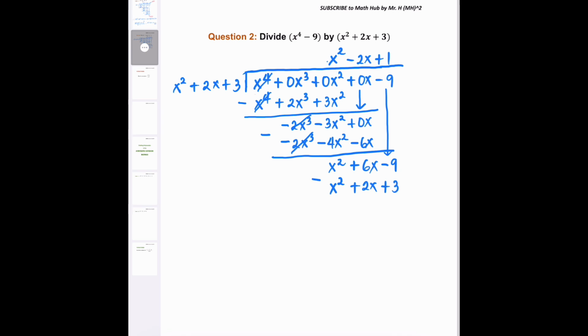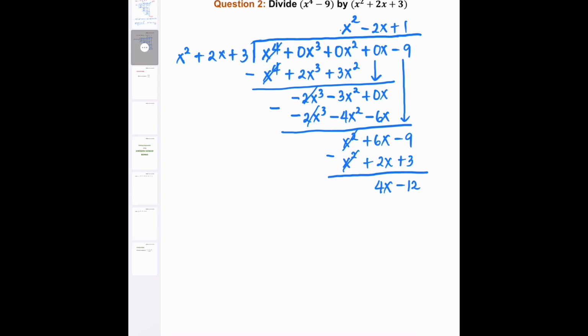Then we subtract. So basically x squared will be cancelled out. You got 6x minus 2x is positive 4x. Negative 9 minus 3 is negative 12.